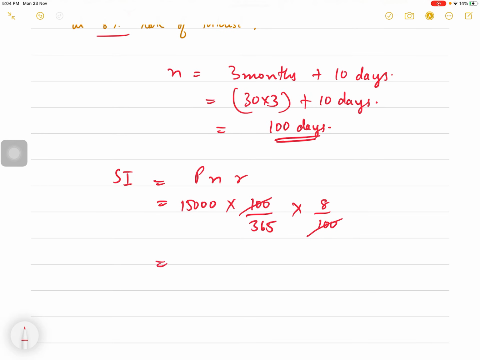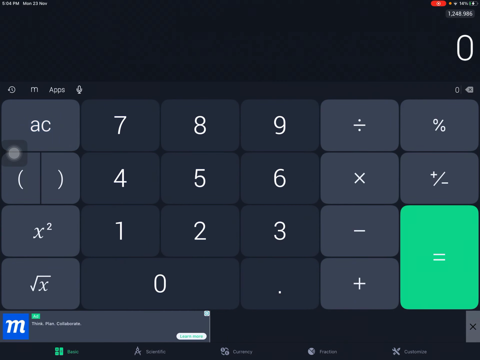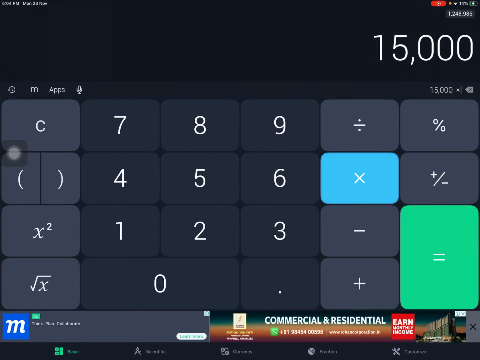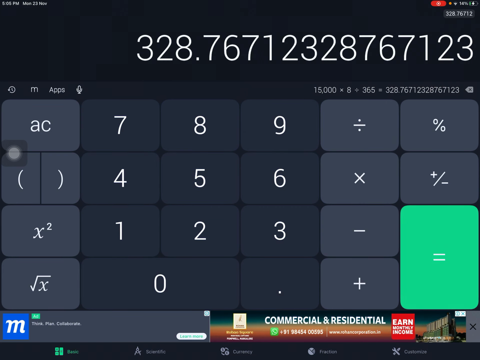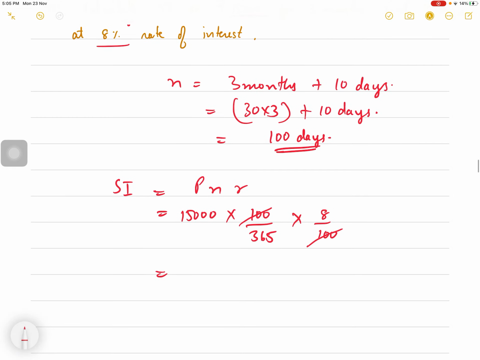So 15,000 multiplied by 8 divided by 365 comes to rupees 328.77.